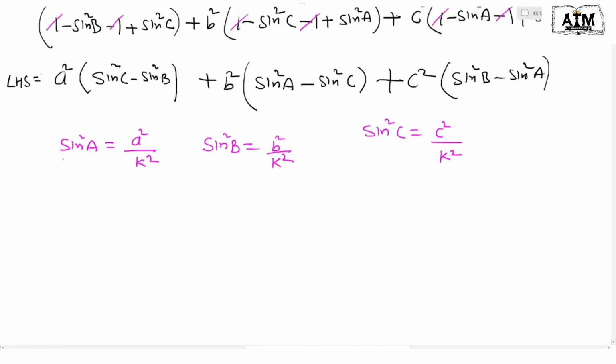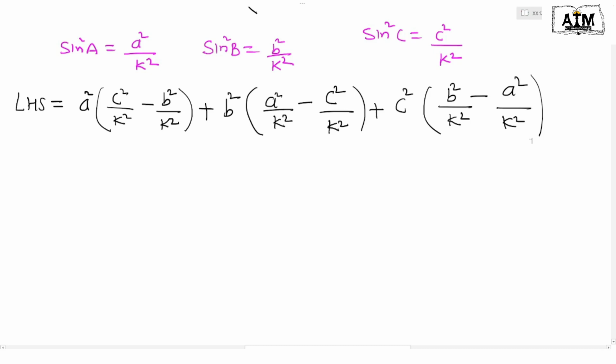Putting these values, we get LHS equals a square, in place of sin square c, c square upon k square, minus, in place of sin square b, b square upon k square. Similarly, in the other two brackets, we get b square, a square upon k square minus c square upon k square.